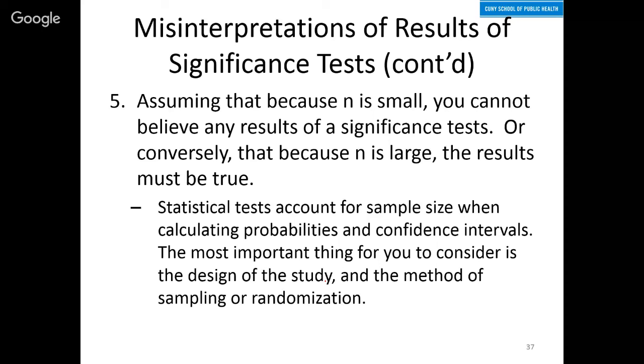And remember through all of this, we haven't talked about the size of the population, only the size of the sample. So whether the population is 1 million or 100 million doesn't matter so much as long as we actually have a representative random sample from that population.